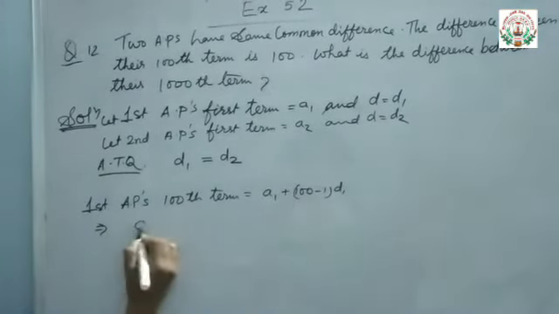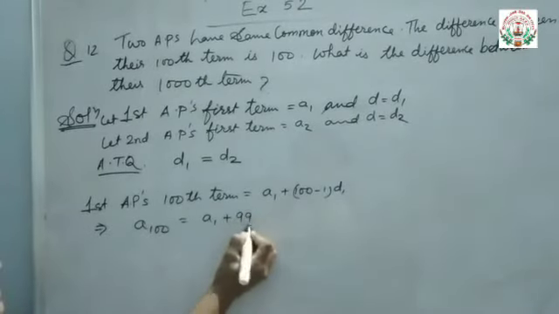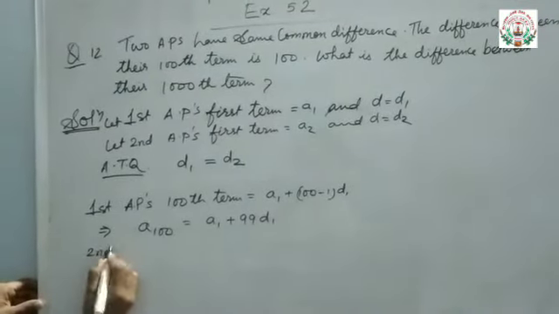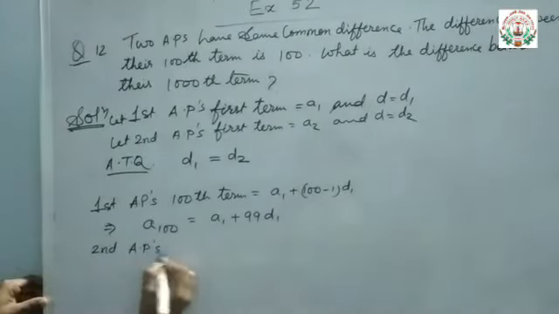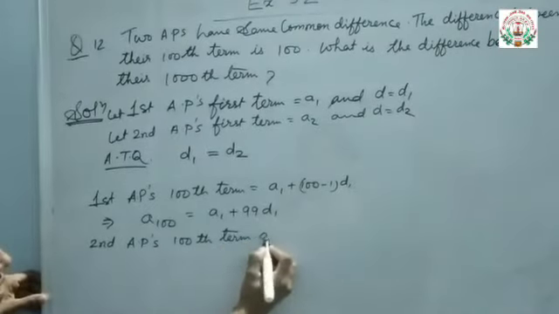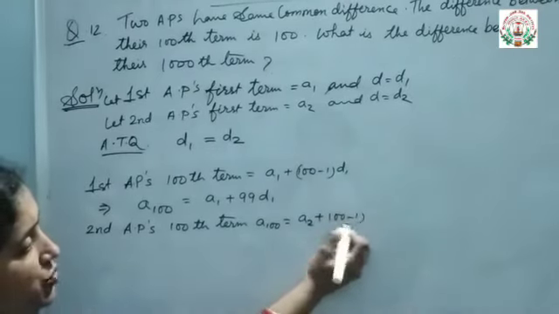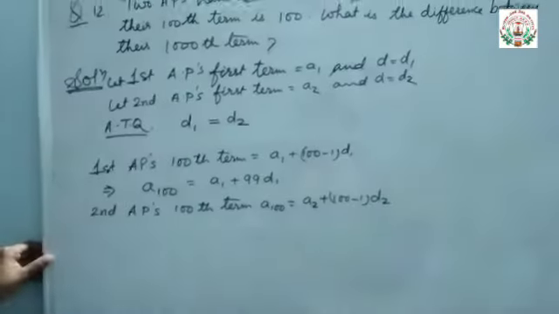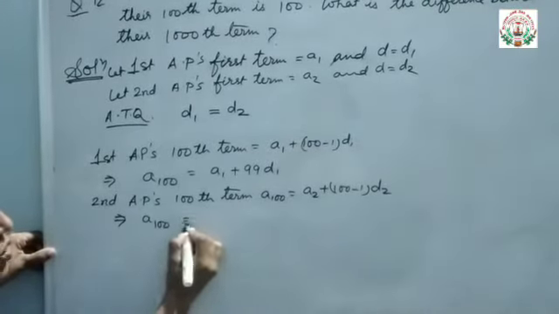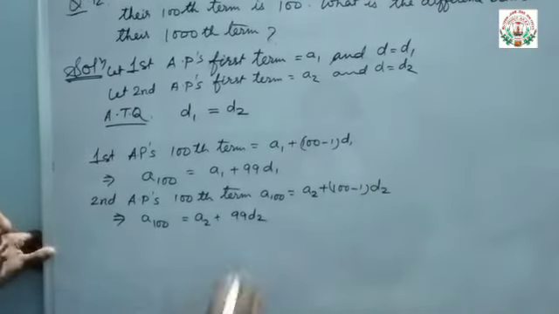So this I can write as a_100 equals A1 plus 99 d1. Clear? Now the second AP's 100th term will be how much? a_100 is A2 plus (100 minus 1) into d2. So that implies a_100 equals A2 plus 99 d2.